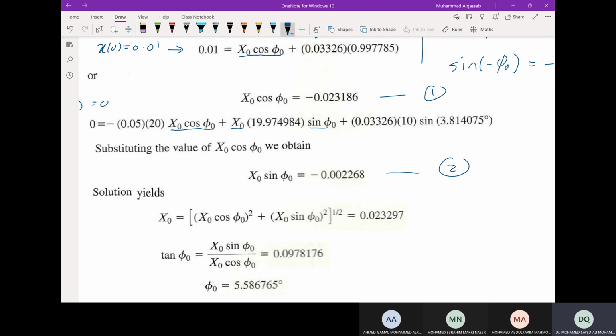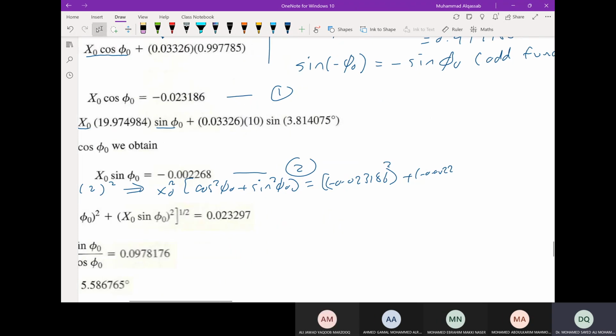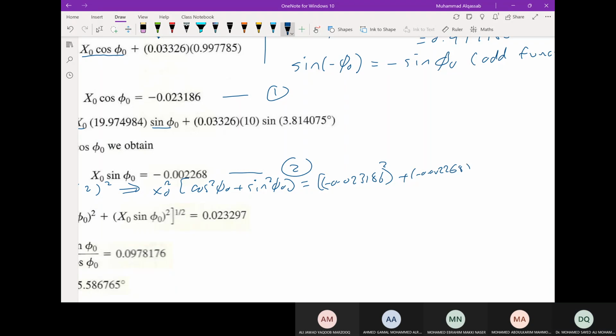Okay, so those two equations, you square equation 1 and you add it to the square of equation 2, you will get x0 square common, and this will be cosine square phi 0 plus sine square phi 0, which is 1. This is on the left-hand side. Plus minus 0.023186 squared, the whole thing is squared, plus minus 0.002268 squared, and then this is equal to 1.